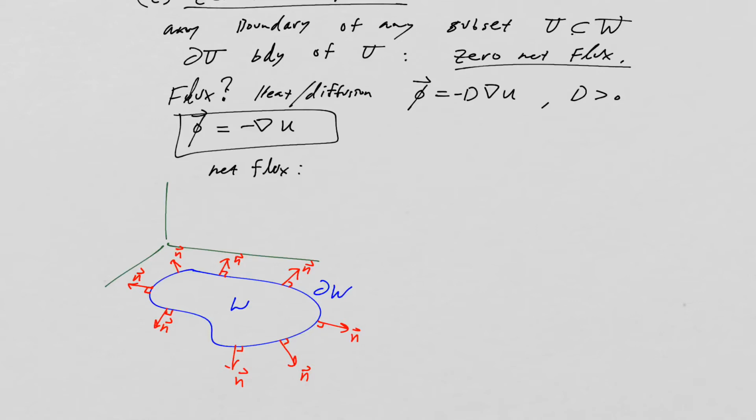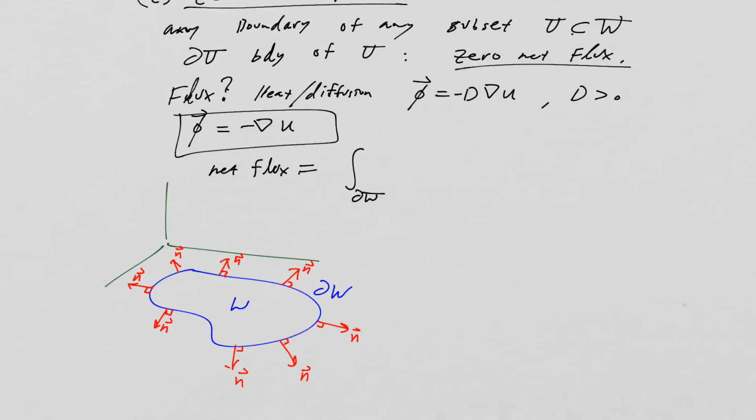And that net flux, of course, is something we've learned from multivariable or vector calculus, which is going to be a single integral around the boundary. Remember, we're not passing through a surface here, but rather a contour in 2 dimensions.